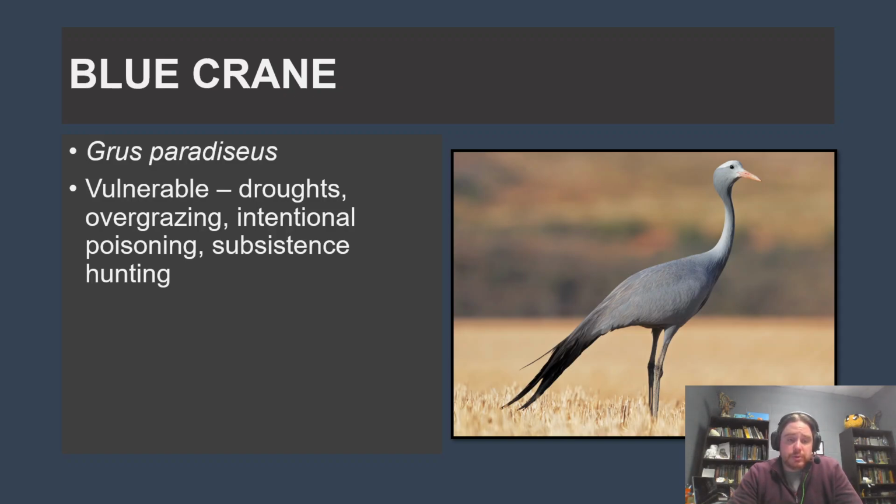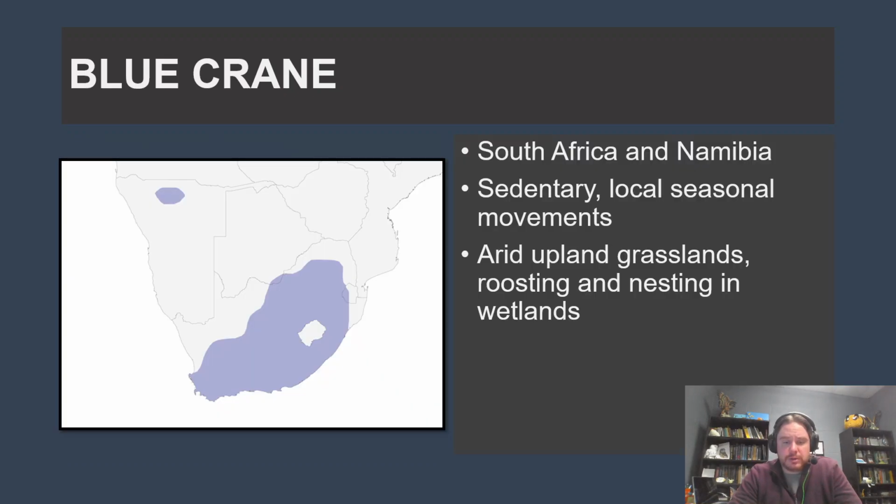So they get intentionally poisoned because their diet is very plant-based. And they also are a little bit susceptible to some subsistence hunting that happens in parts of the range in South Africa and Namibia as well.